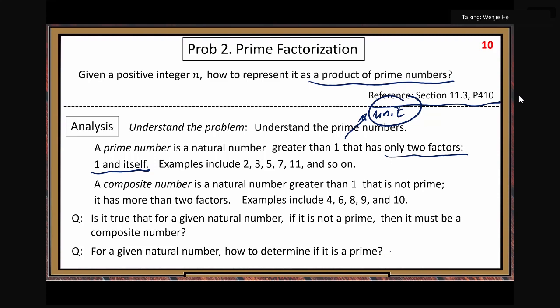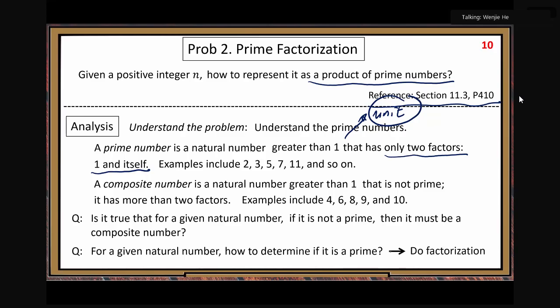Because 1 is trivial, we do not need to look at 1. Then, for a natural number greater than 1, can you find some way to check and tell if it is a prime or a composite number? We need to answer this question.